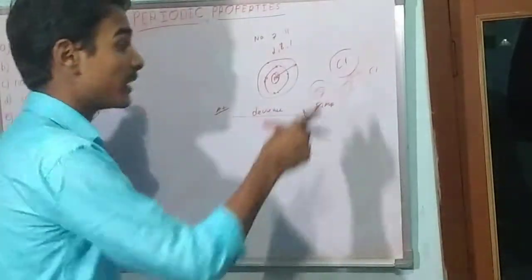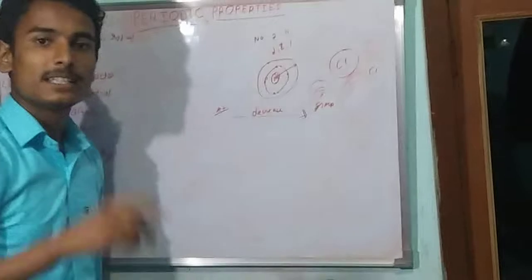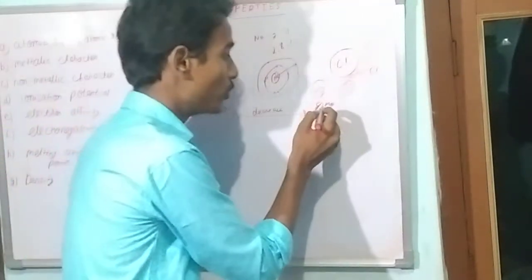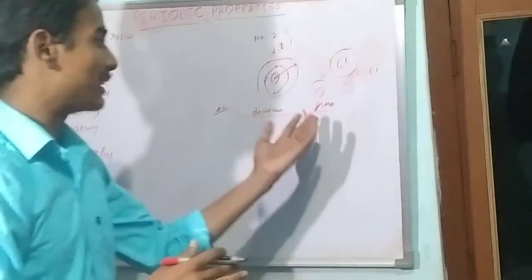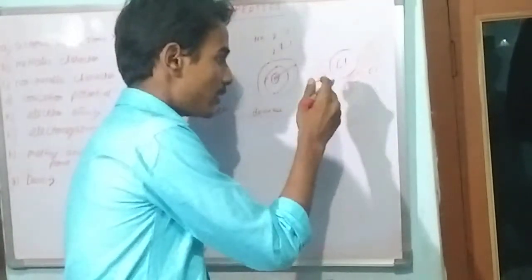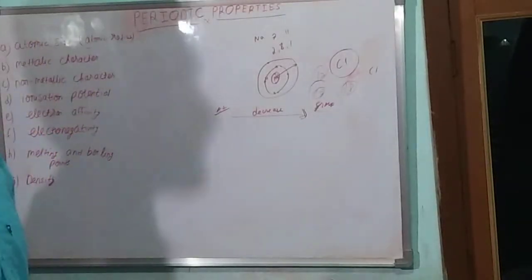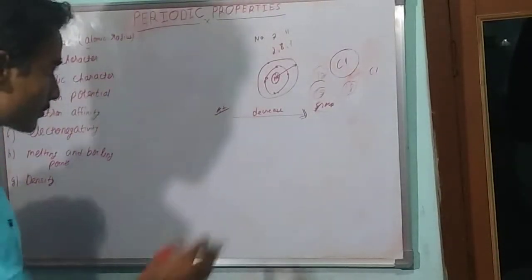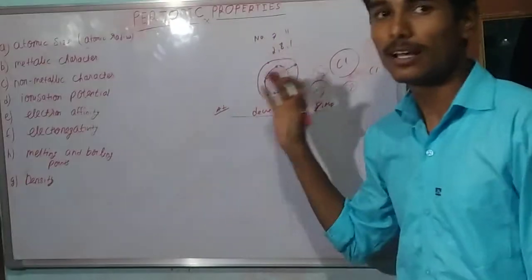This is wrong. Only for the 17th group: the 17th group is smaller and the 18th group is larger. In a simple way we can say it like this. So this is all about atomic size across a period.